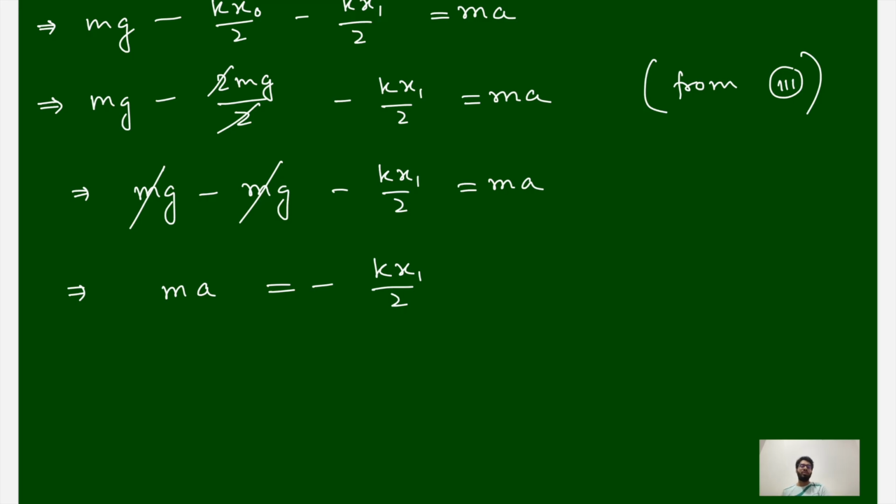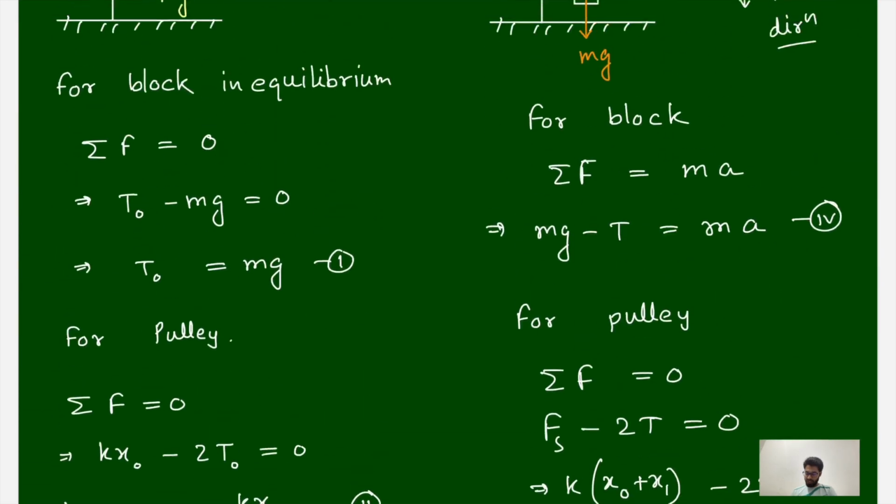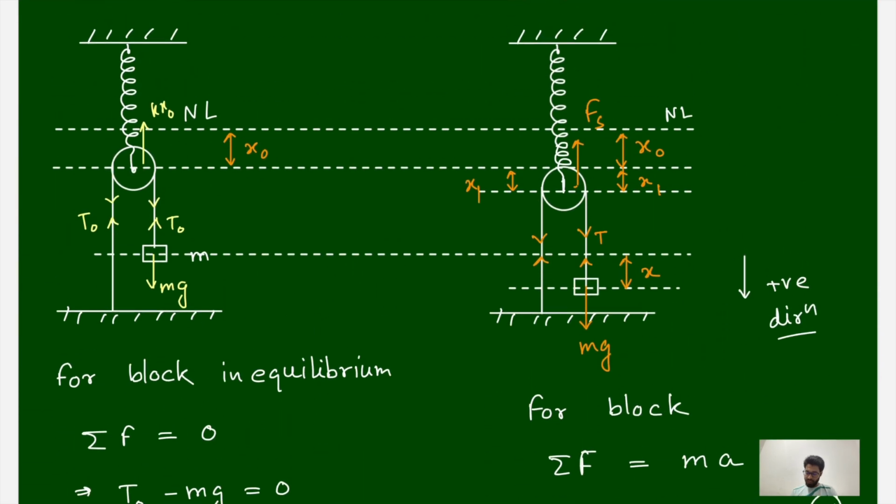Now first we have to find another relation, that is between x1 and x. So for the mass and pulley system, again I will draw it.